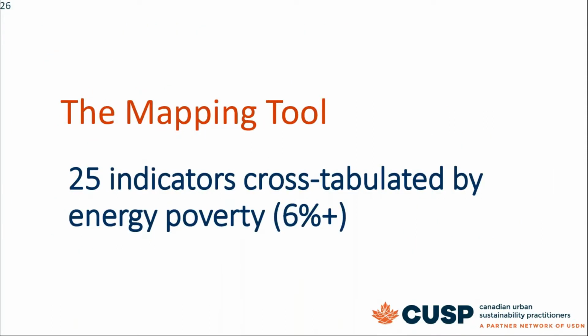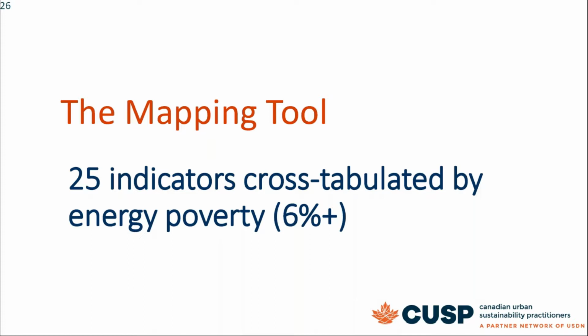And out of this table, we will create about 25 indicators, which is a small subset of what we could be creating. And what we'll be doing is taking each of those indicators and cross-tabulating it by the percentage of households spending 6% or more of their household income on home energy. And by cross-tabulate, what I mean is it's a difference between saying in this given neighborhood, 10% of households are spending more than 6% of their income on home energy.